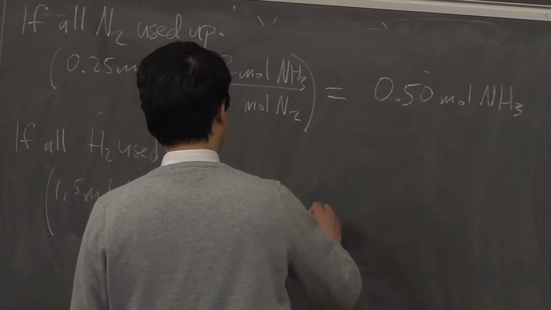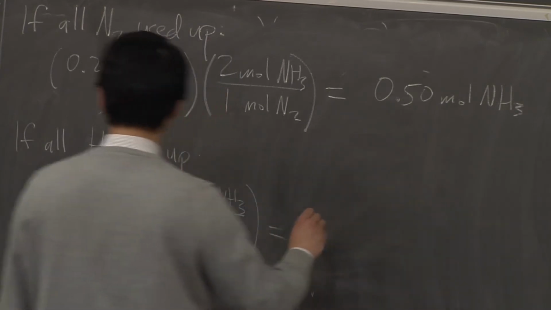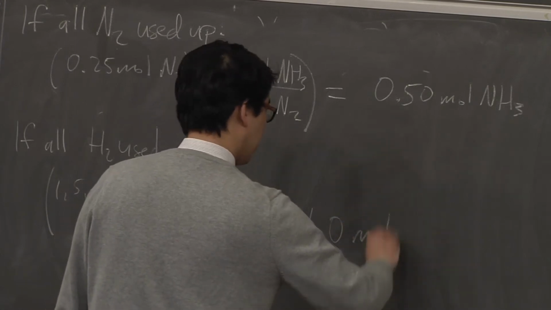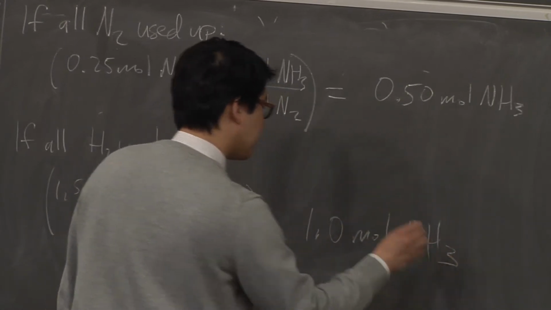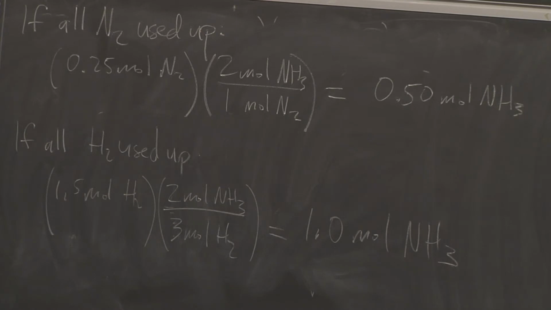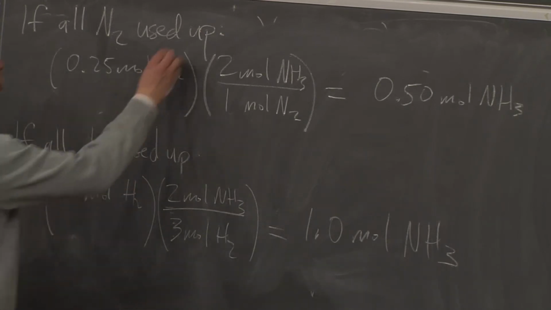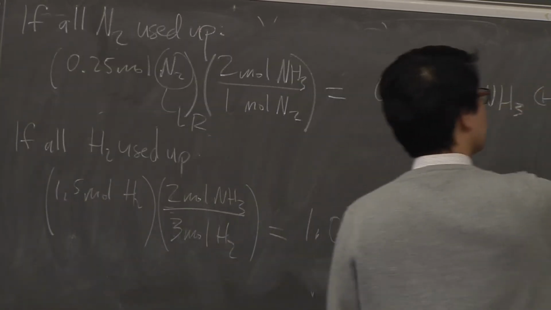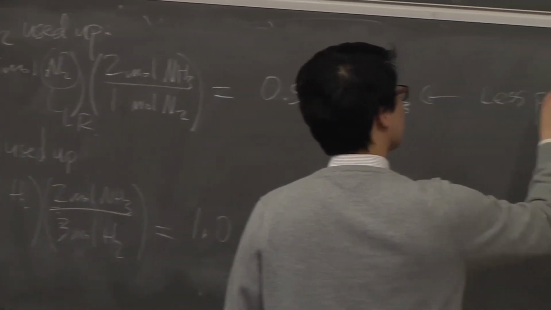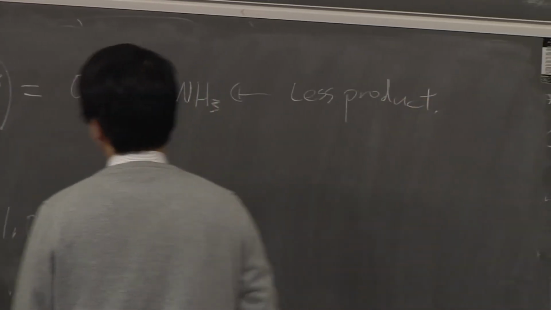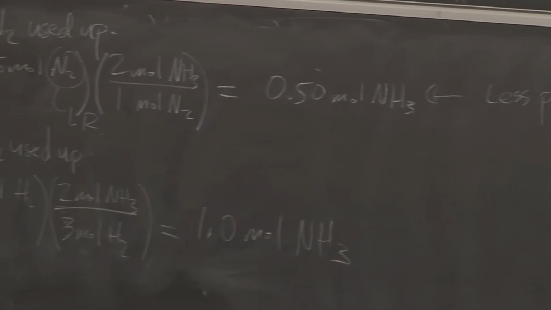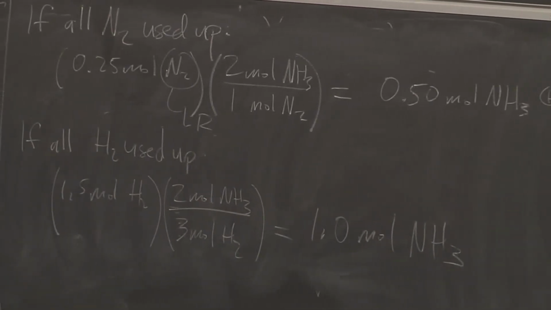That's going to get me 1.0 mole of NH3. So which one is the limiting reactant? N2. N2 is the limiting reactant because less product can be made.